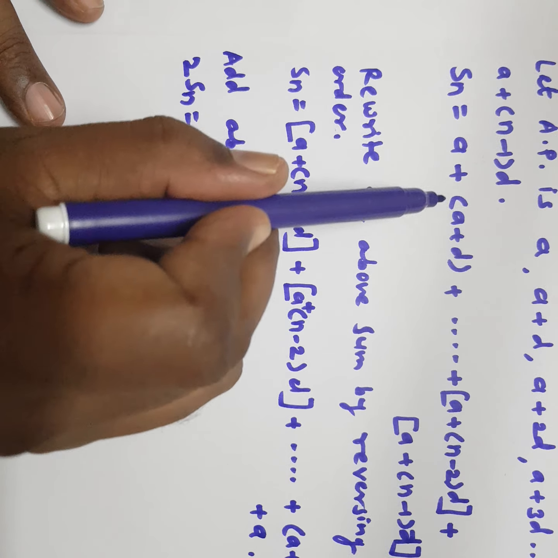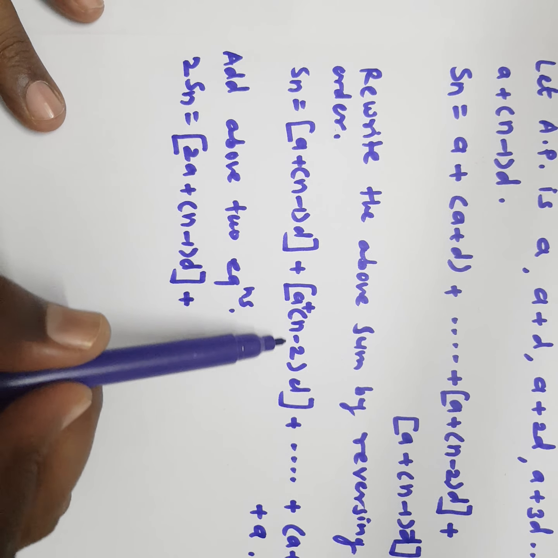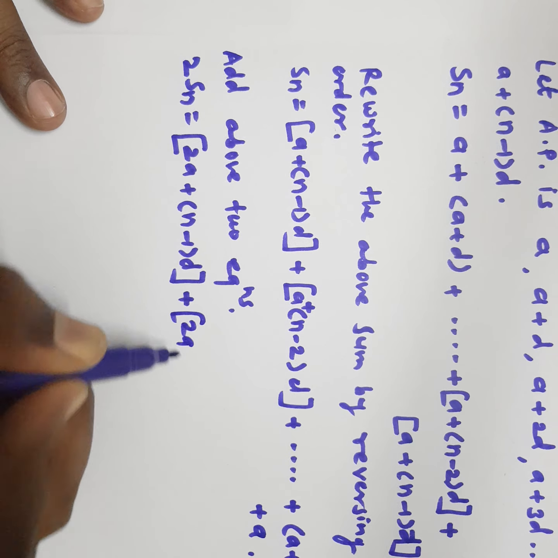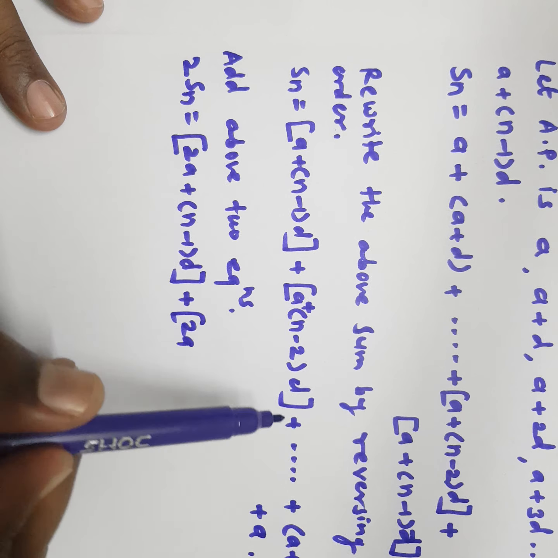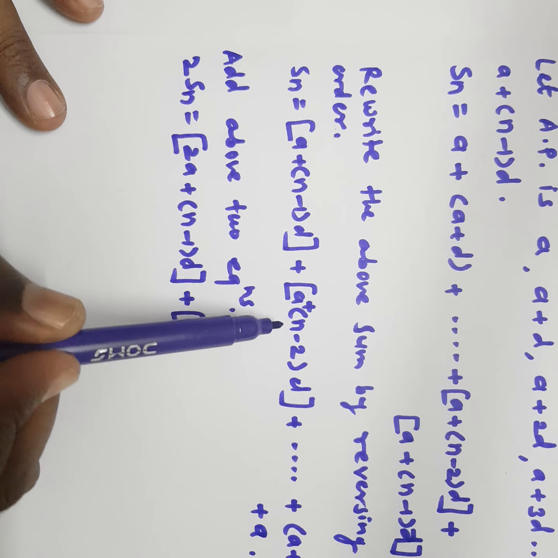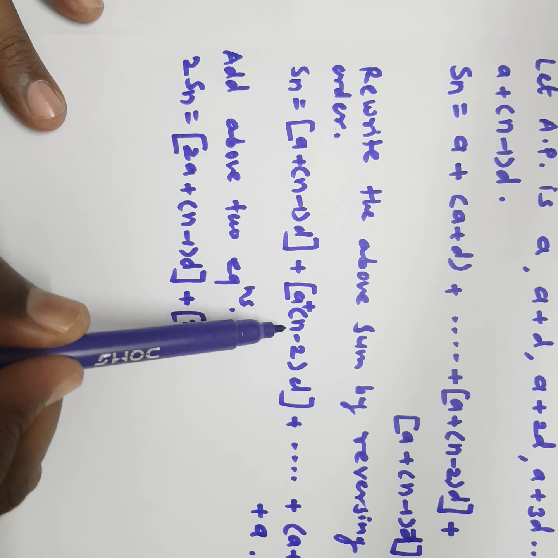Then second term a plus d plus a plus n minus 2 into d, that is 2a, d plus n minus 2 into d, here d is common, and n minus 2 plus 1 is n minus 1, and d is common.